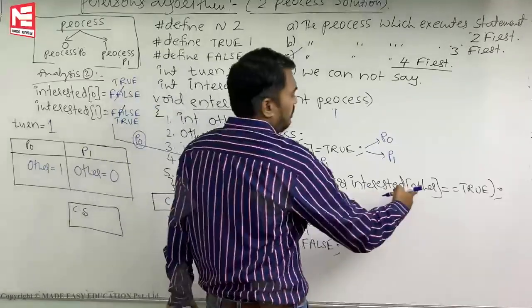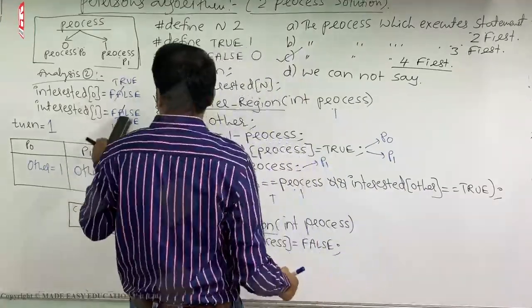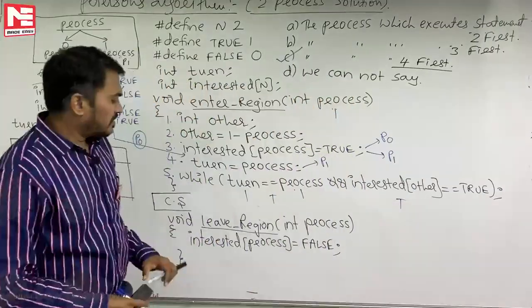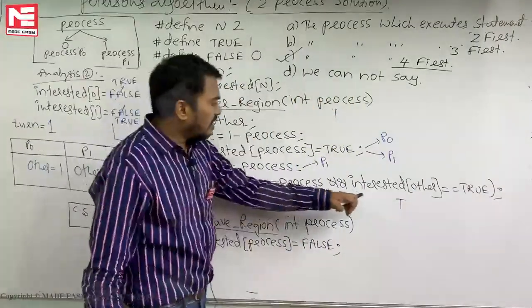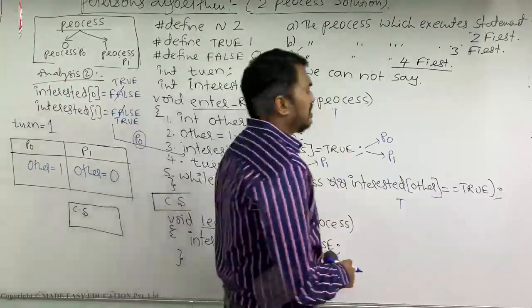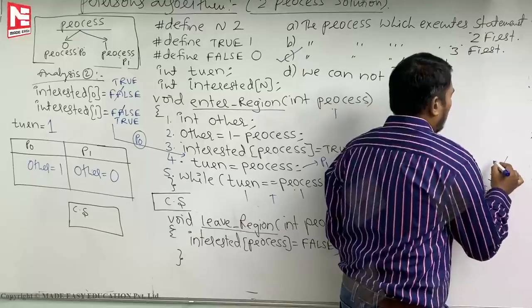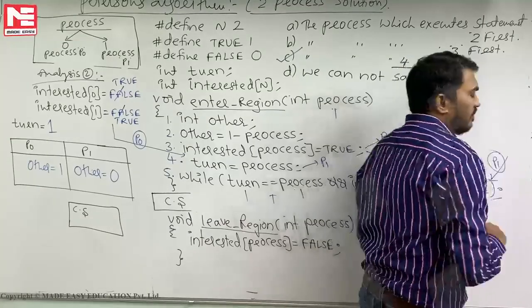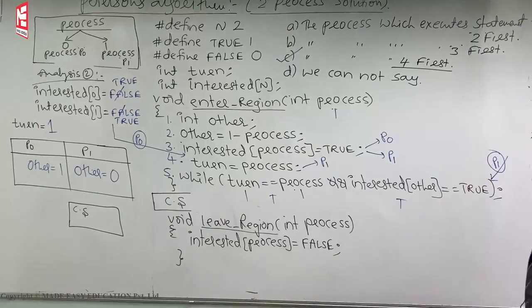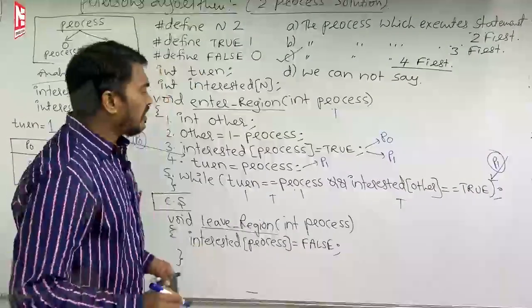And interested of other: these two are already true, so this is anyway true. This condition is true and this condition is true, so the entire condition is true. P1 will stop here. So what did you understand now?